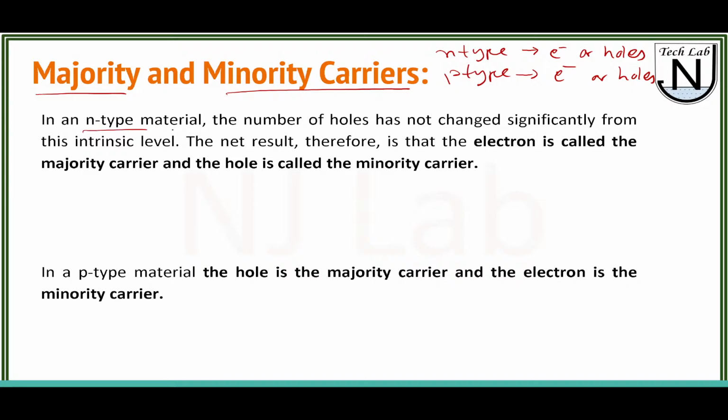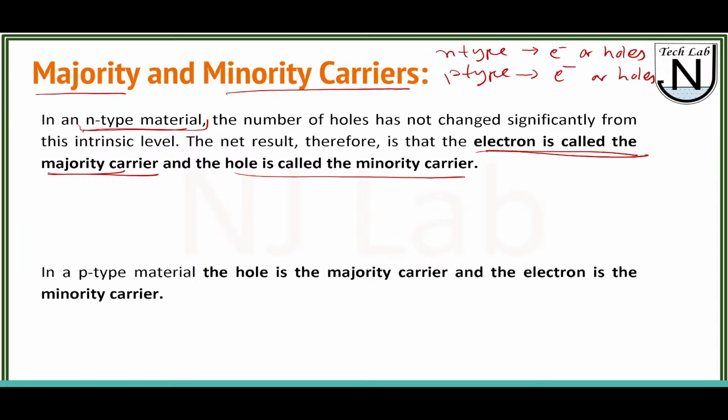But in the n type material, the impurity is donating the electron, so because of the addition of electrons, there will be more electrons. So the majority carrier in the n type will be the electrons, since the impurity has donated the electron, whereas holes will be the minority carrier.